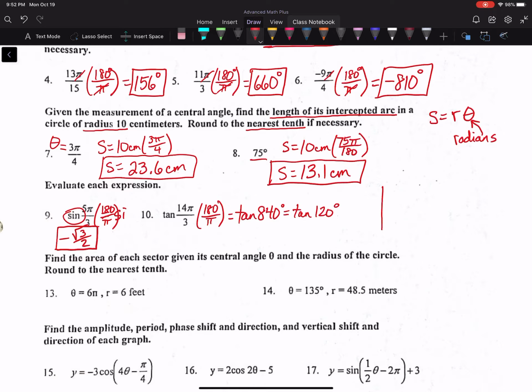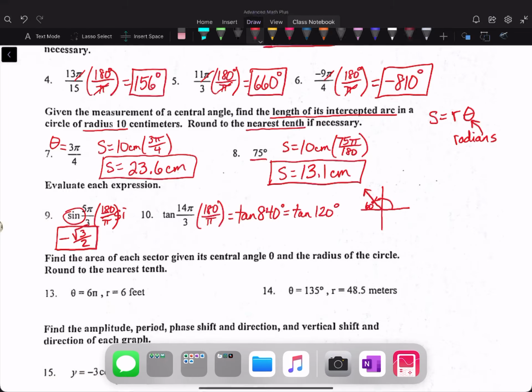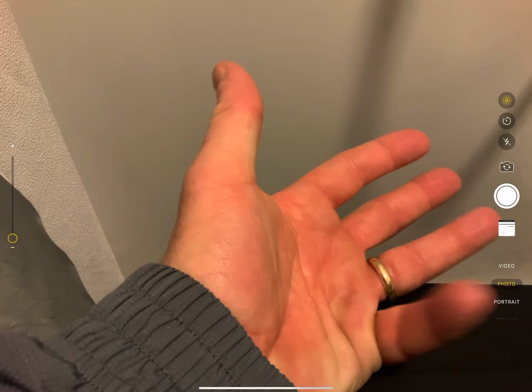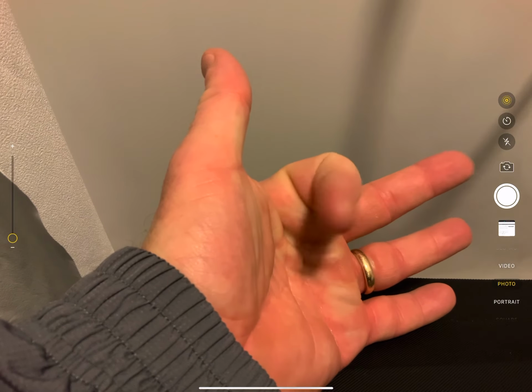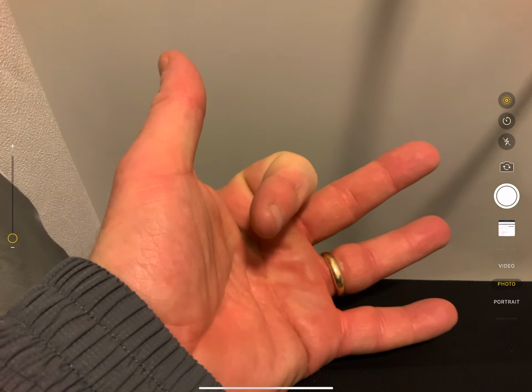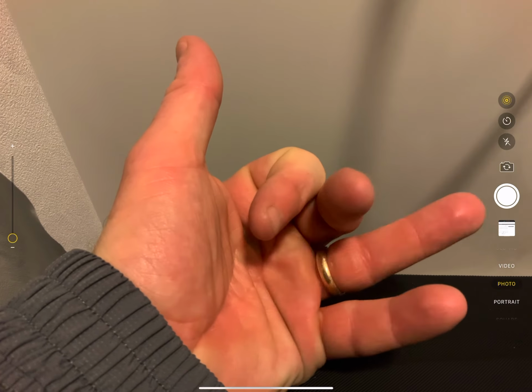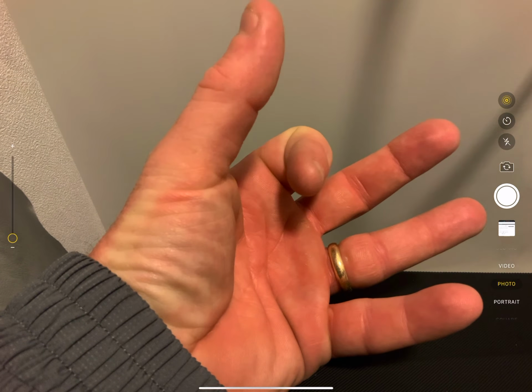Okay, so I draw my coordinate plane here. 120 is in the second quadrant, okay, and it's also got a 60-degree reference angle. So again, let me go back to the camera. So 60 degrees again, we have 0, 30, 45, 60. This time it's tangent. So remember, tangent is the square root of the number of fingers on the right divided by the square root of the number of fingers on the left.